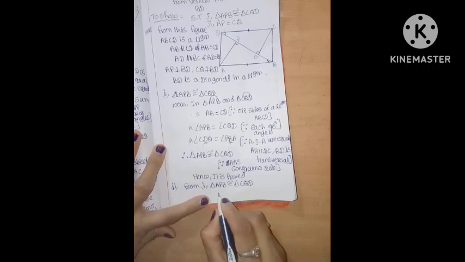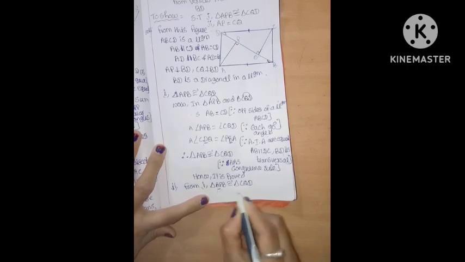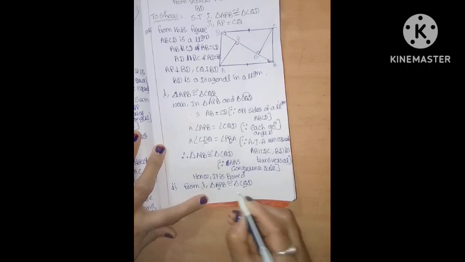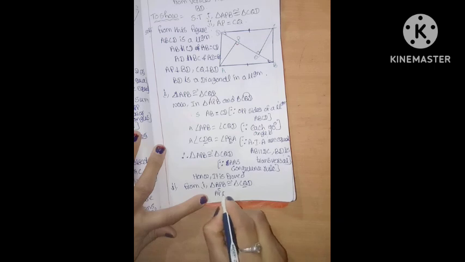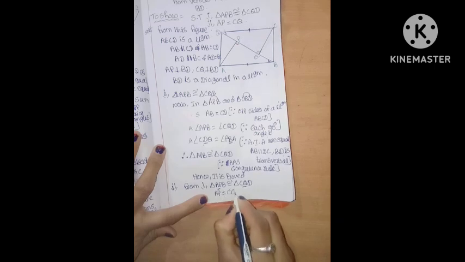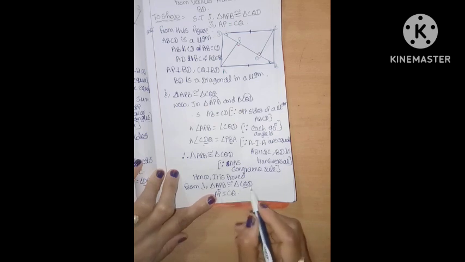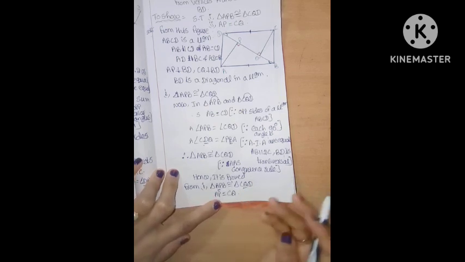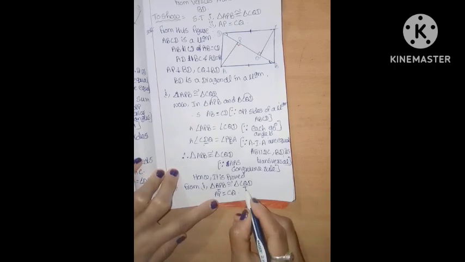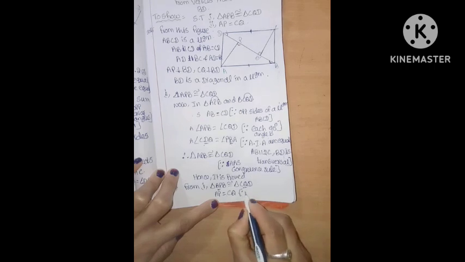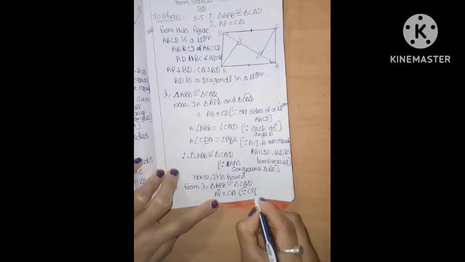So AP equals CQ. Why are they equal? Whenever two triangles are congruent, corresponding parts are equal, by CPCT.